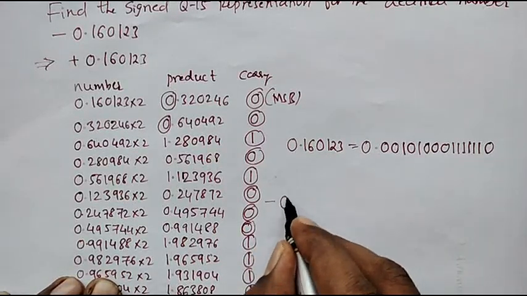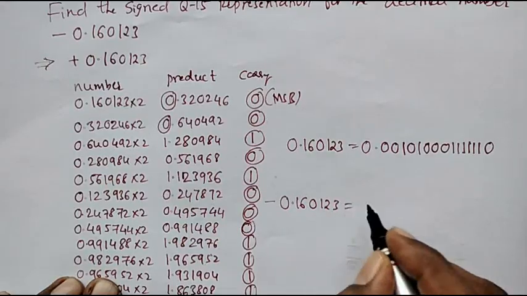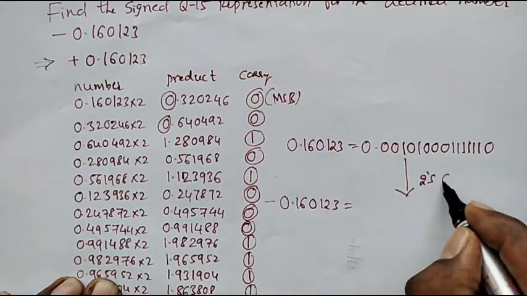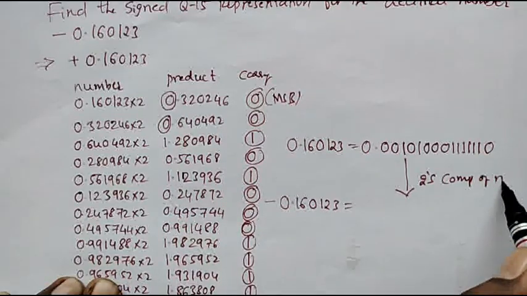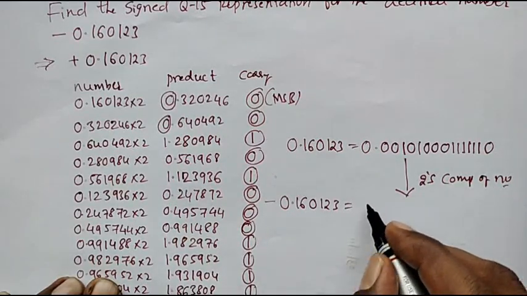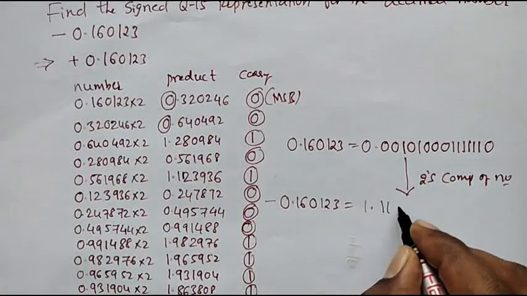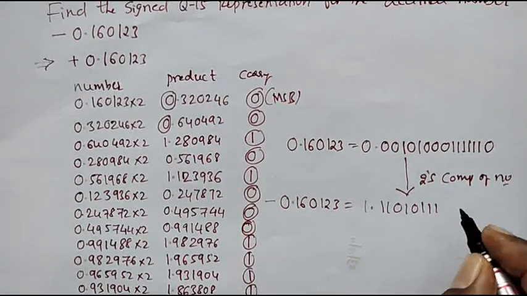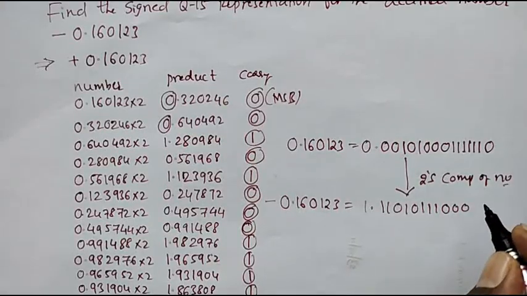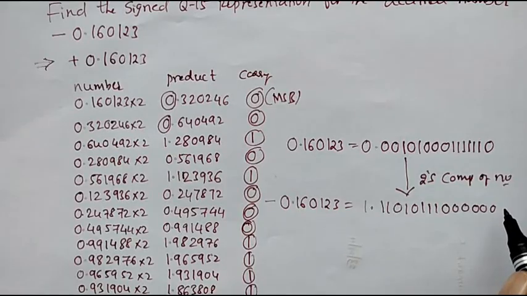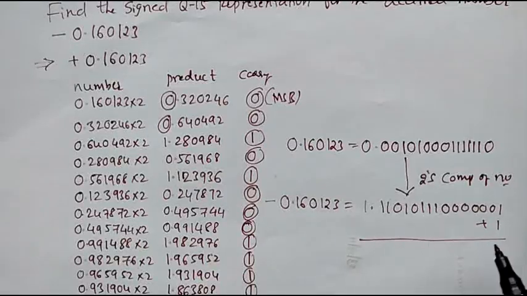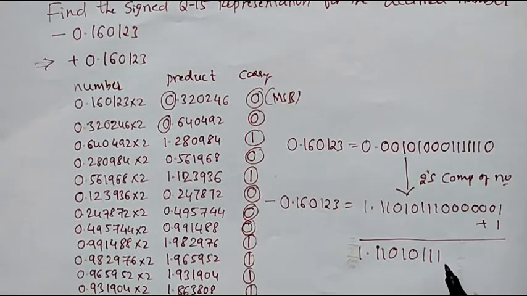Therefore, minus 0.160123 is equal to the 2's complement of the number. We take the 1's complement first, then add 1, which results in 1.110 and so on.